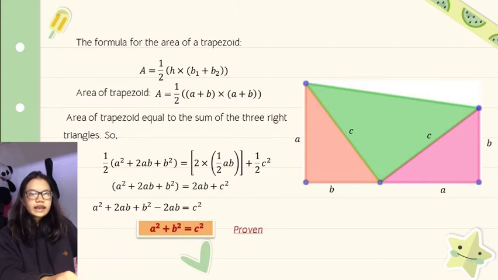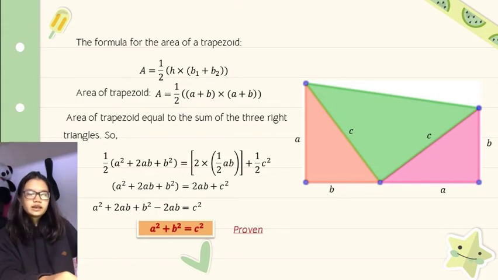We know that the area of a right triangle is 1 over 2 times base times height. In this case, there are two congruent triangles with base a and height b, so the area is 2 times 1 over 2ab.